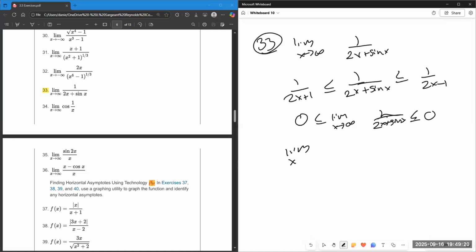So this limit as we go to infinity, 1 over 2x plus sine x, has to go towards 0. Let's see now. Number 53 is next.